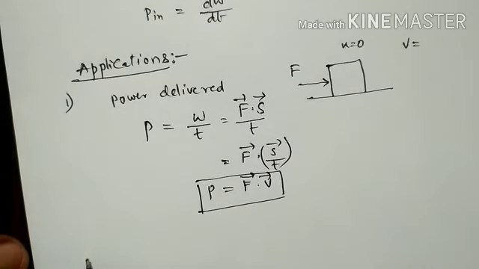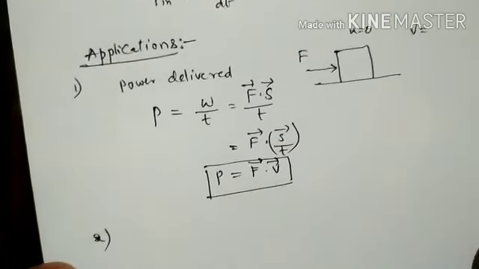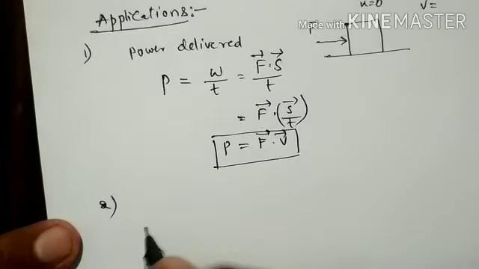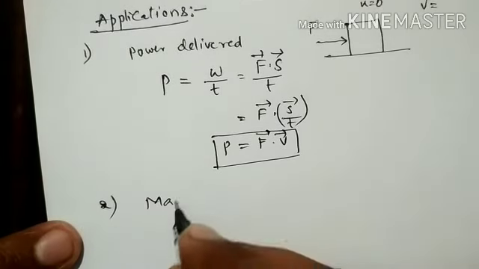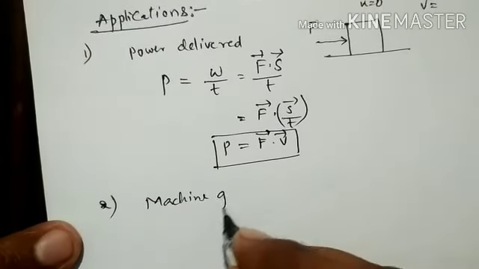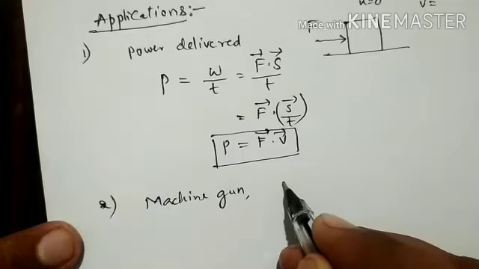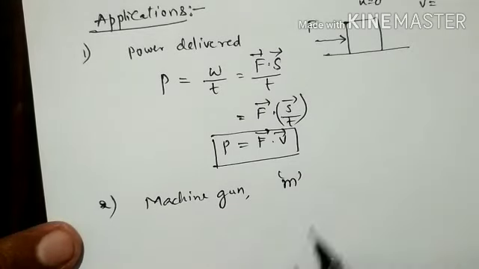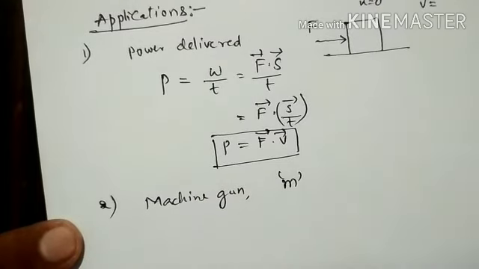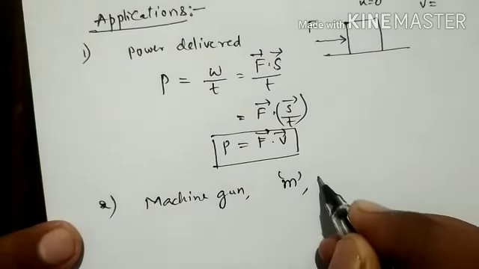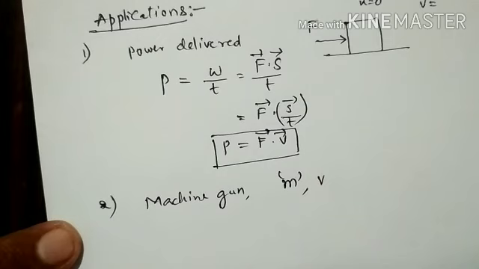The second application: we know the machine gun. You can consider a machine gun. This machine gun fires bullets continuously. Let us consider the mass of each bullet is m, and the velocity of the bullet which comes out of the gun is v.